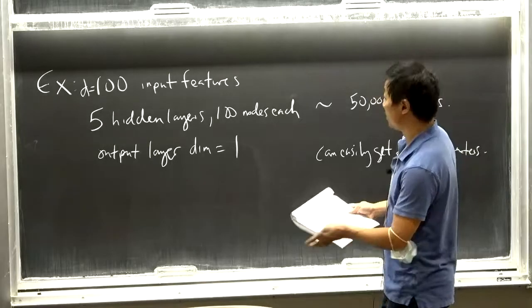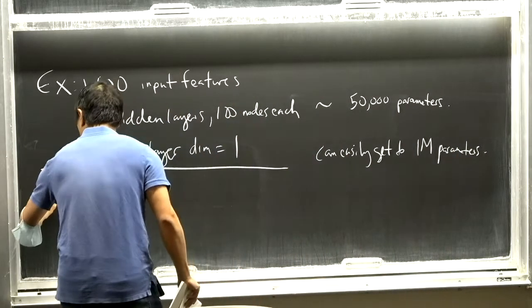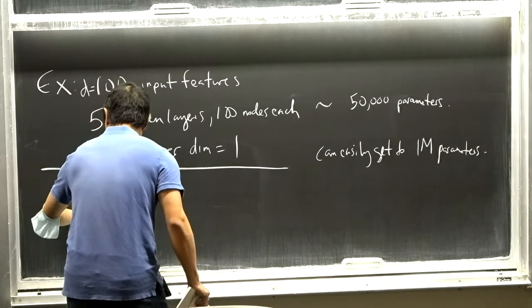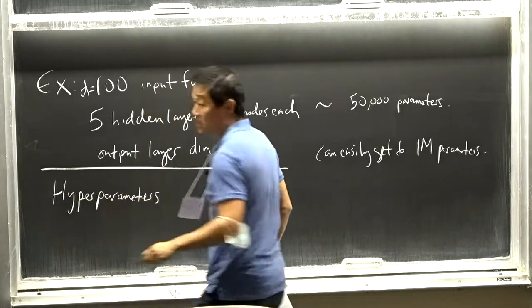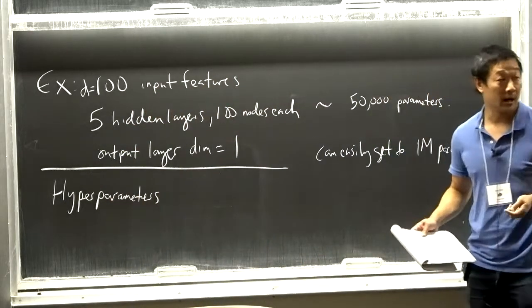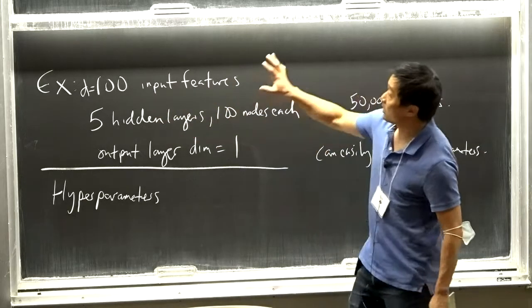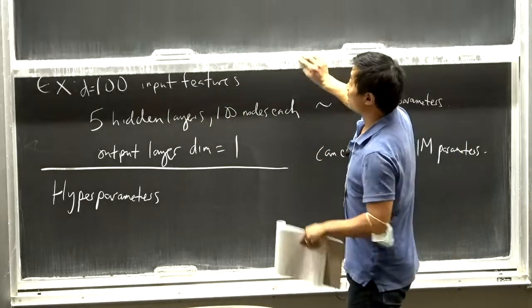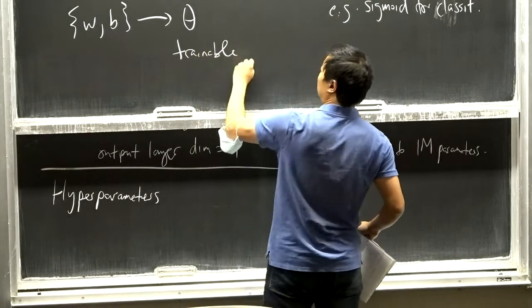What else? Oh, yeah. Another comment I want to make here is something called hyperparameters. When we talk about these neural networks or machine learning algorithms in general, we have to distinguish between what are called trainable parameters.